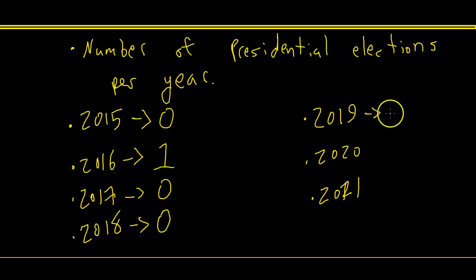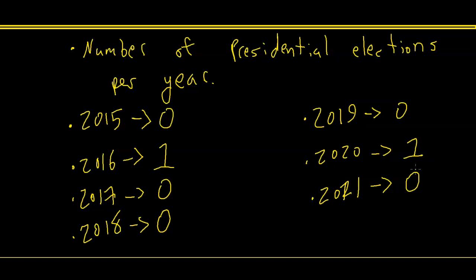How many presidential elections in 2019? 0. How many presidential elections will there be in 2020? There will be 1. And how many presidential elections will there be in 2021? There will be 0. So this is a function. You might not think it is at first because it's such a simple relationship.